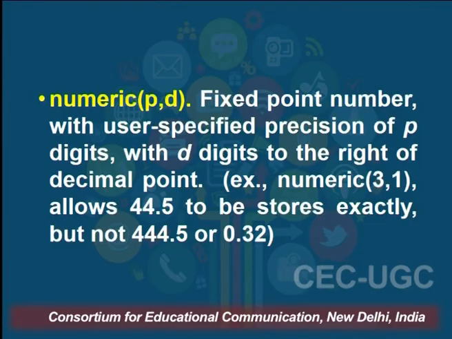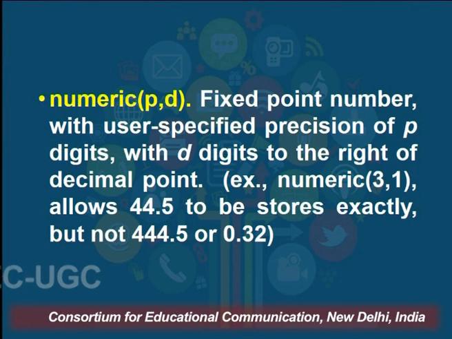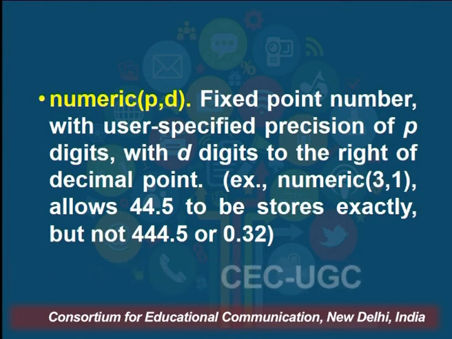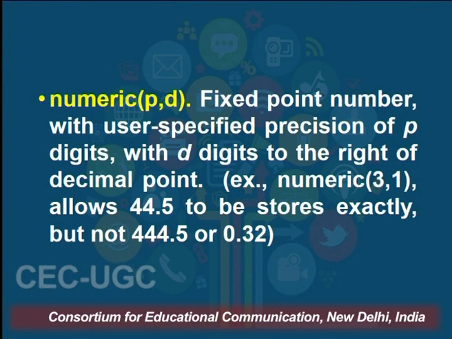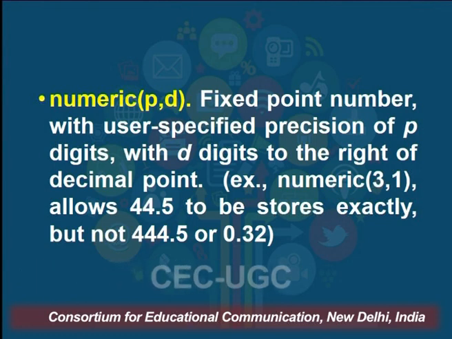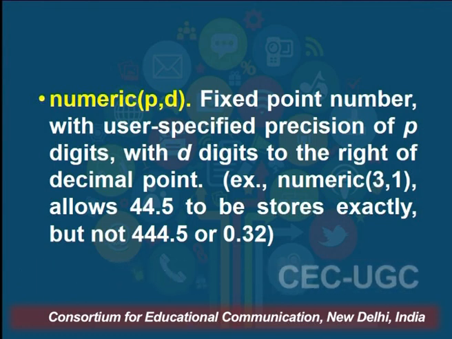So, we call it numeric p comma d. Basically this is a fixed point number with user specified precision of p digits, with d digits to the right of the decimal point. So the total precision is p digits for that number, and d digits will be on the right of the decimal point.